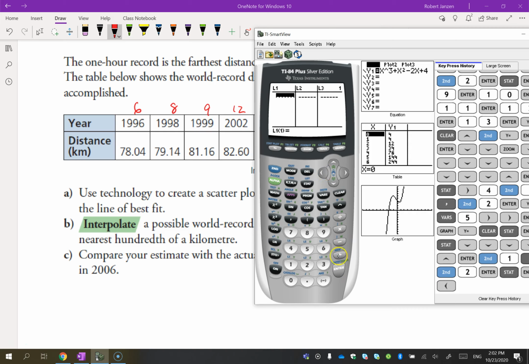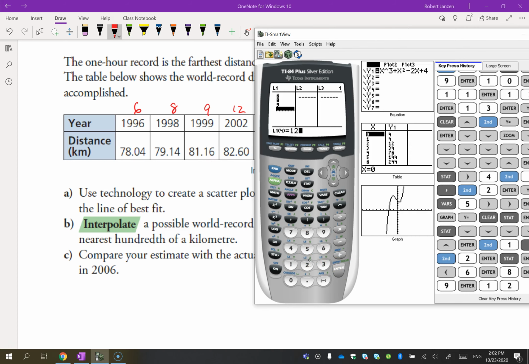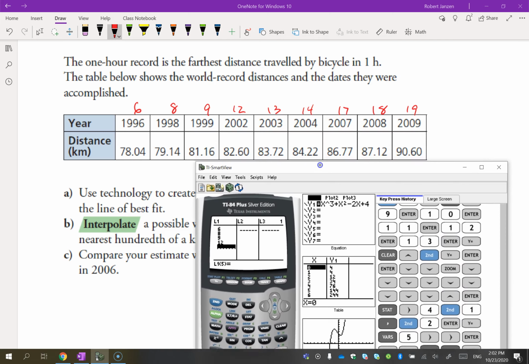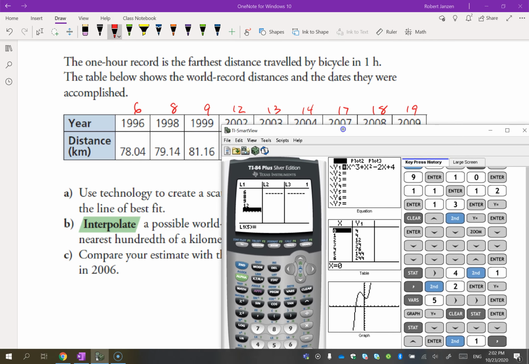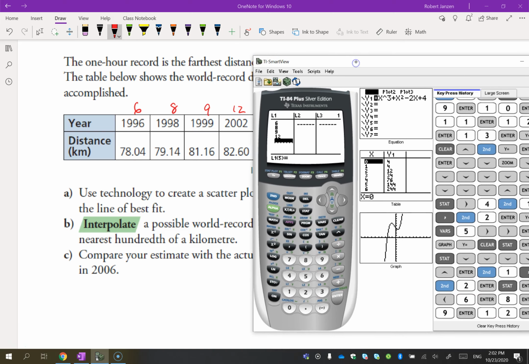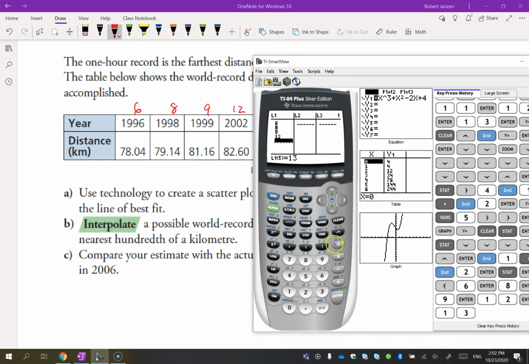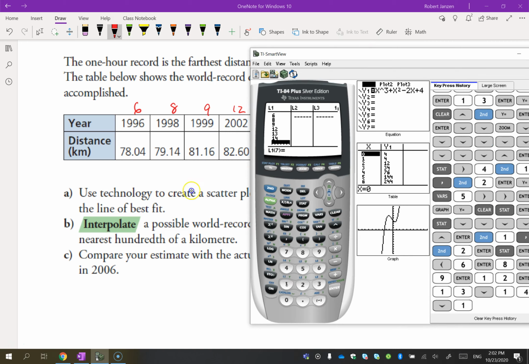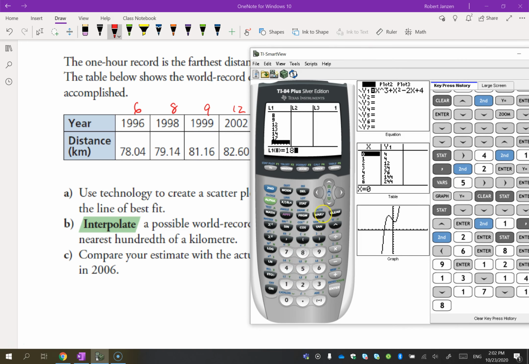Let's enter what I've got. 6, 8, 9, 12. Okay, this is going to be a little tricky for me to be able to see everything. 13, 14, and then 17, 18, 19. Okay.